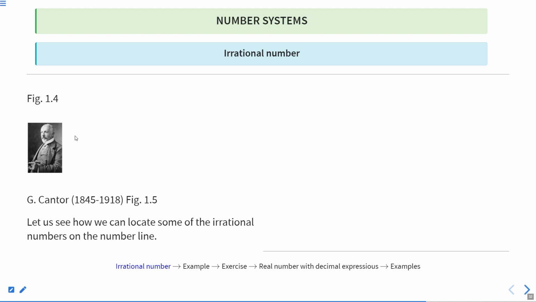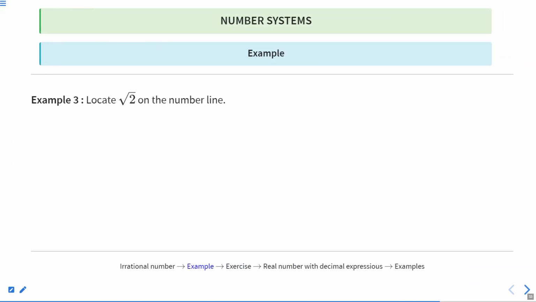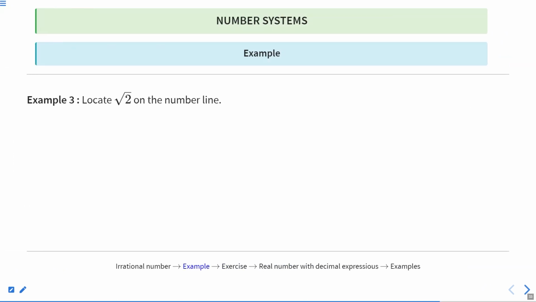So let us see how we can locate some of the irrational numbers on the number line. In our next section we will see how to represent irrational numbers on the number line.